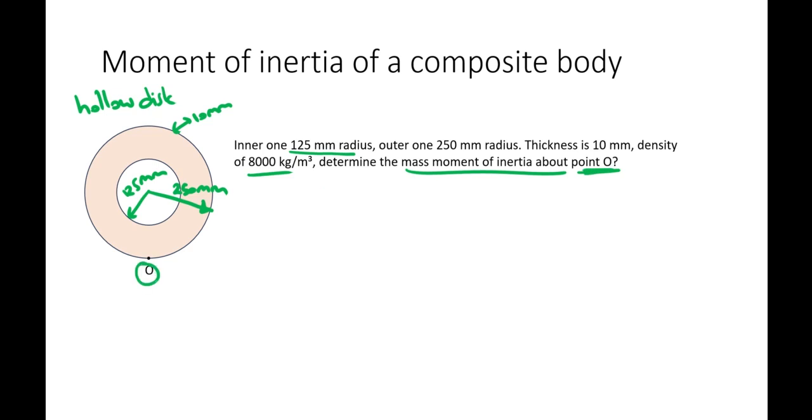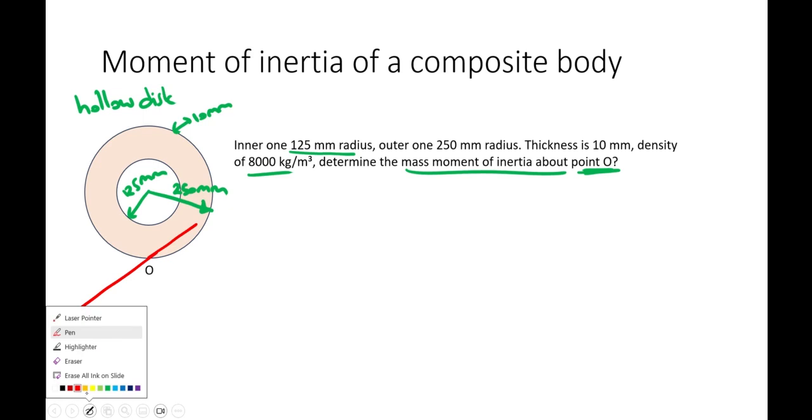You see, point O means that this will be an axis passing through point O. Okay, this axis. So let's call it IO, the mass moment of inertia passing through point O.